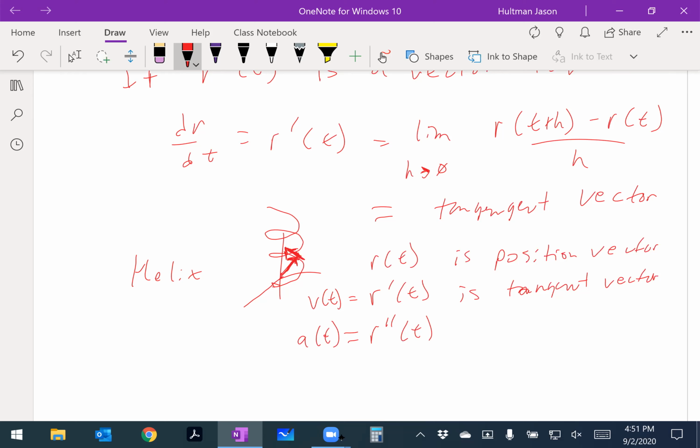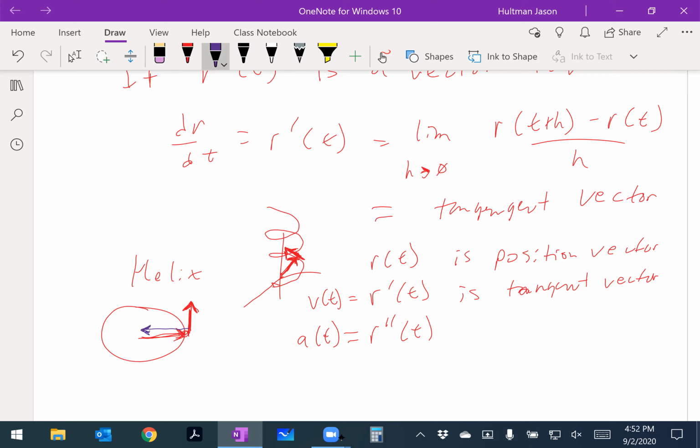Okay, so as I travel around this thing, if we look at a circle, what's r of t? Well, it's the position vector. What's the velocity vector? Well, it's always tangential to the circle. In this case, r prime of t and r of t are orthogonal to each other. What would be a of t? A of t is actually this guy here, the acceleration.